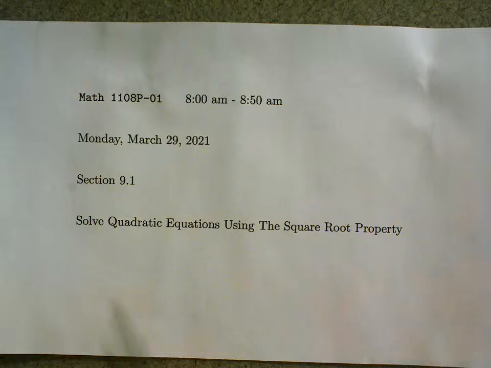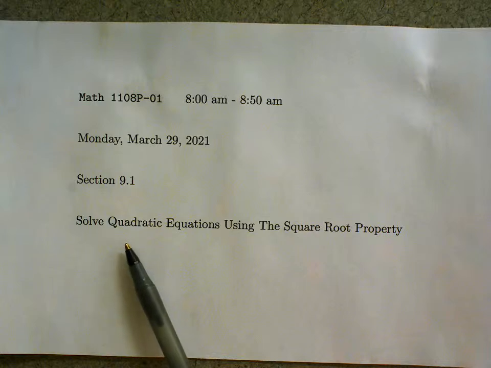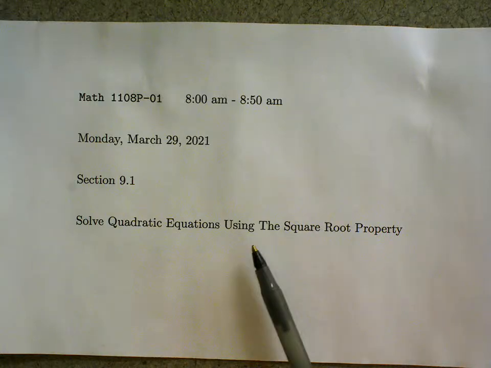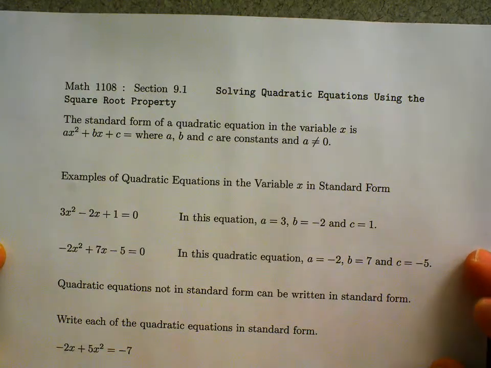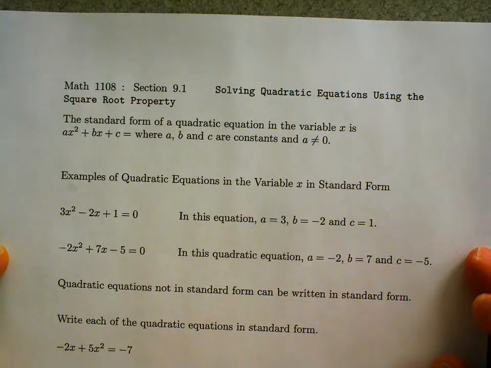We will start Chapter 9 today in Section 9.1. This is the section on solving quadratic equations using the square root property. The first thing we'll do, though, is discuss what a quadratic equation is in standard form.